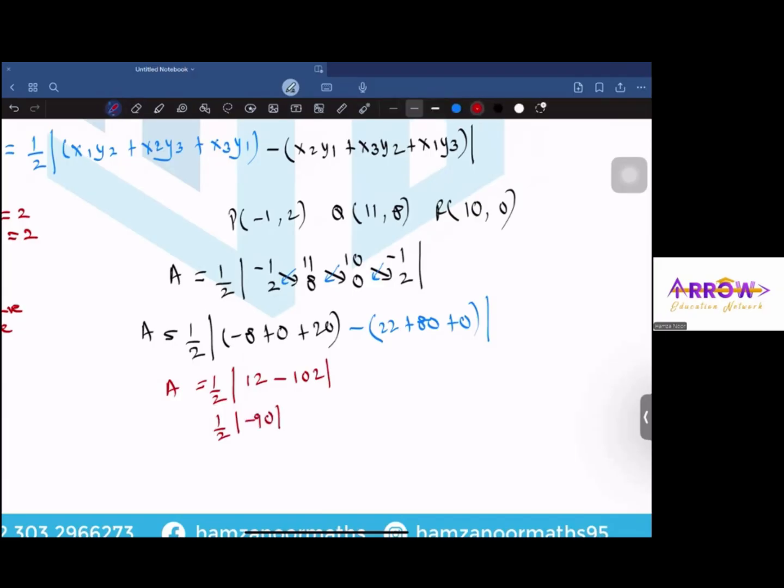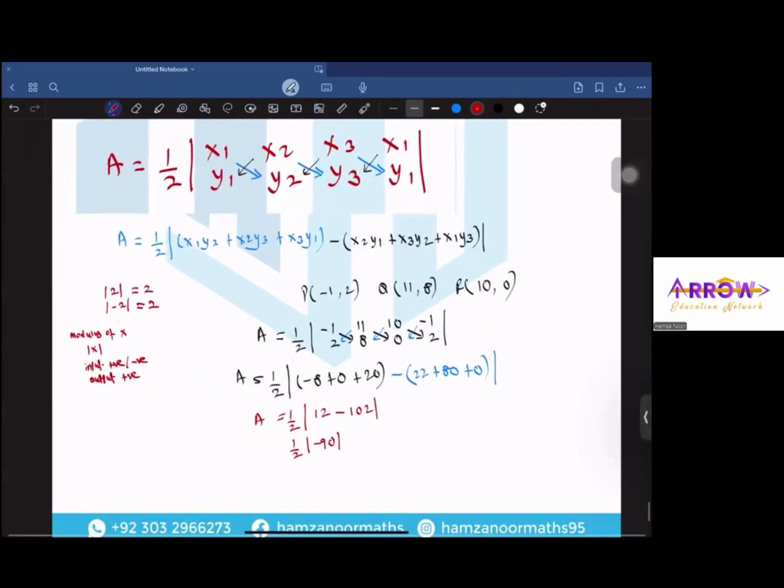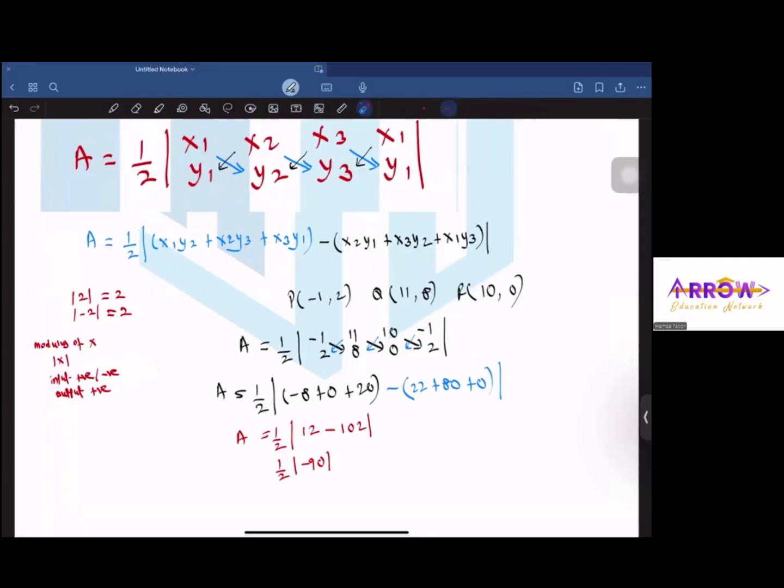What I'm trying to explain is the significance of this modulus sign: as we saw, the modulus of any number is basically the magnitude of that number. As we saw in a basic example, the modulus of 2 is 2 and the modulus of minus 2 is also equal to 2. So the modulus of minus 90 is also equal to 90. So half multiplied by 90 will be your answer, meaning 45 units squared.